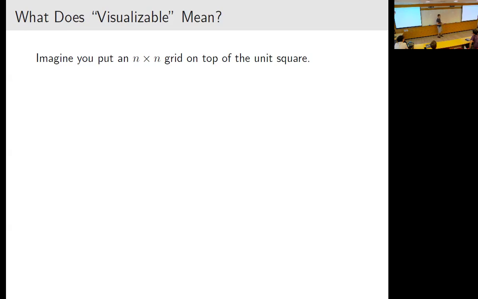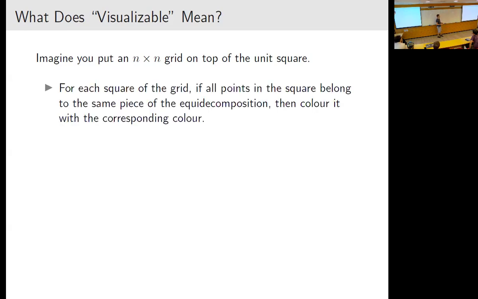And here's the rule for coloring the pixels. If one of these squares is completely contained within one part of the equidecomposition, in other words, if all of the points in that square are the same color already, I assign that color to that pixel.